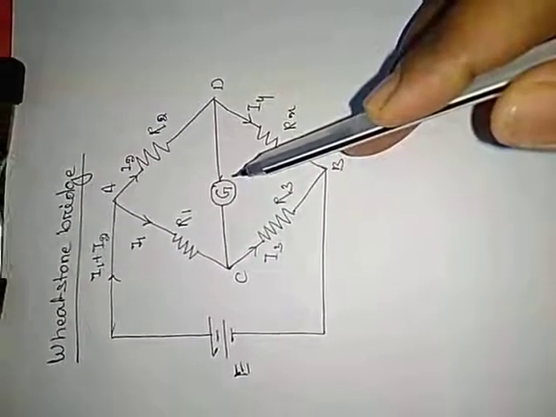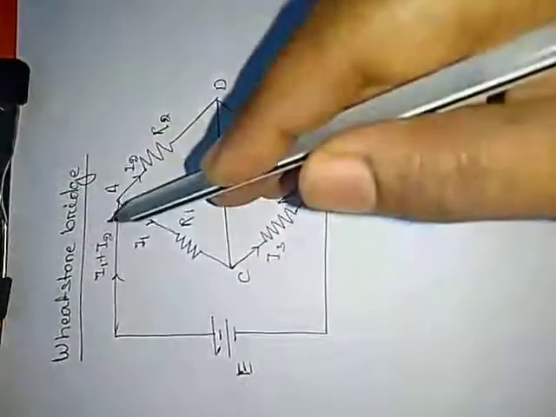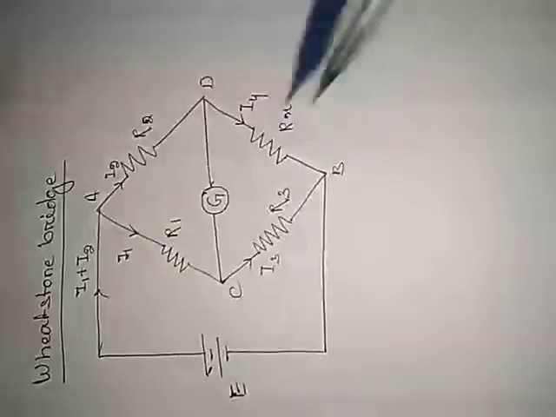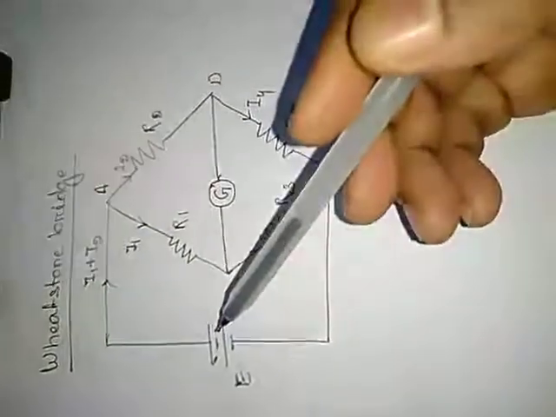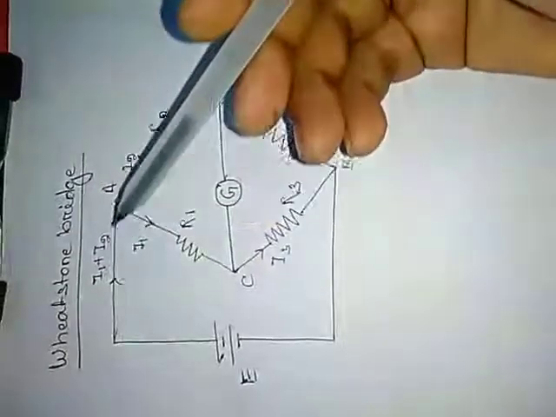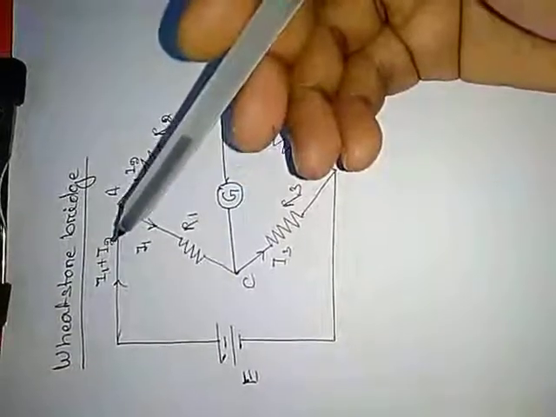When you connect this bridge with the source of supply, the total current flowing through this bridge is I1 plus I2.